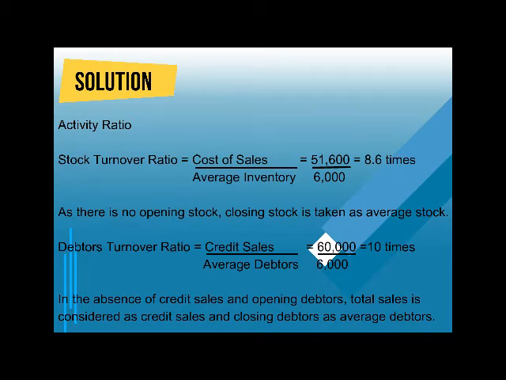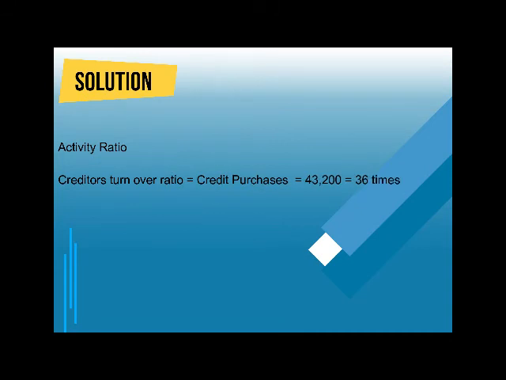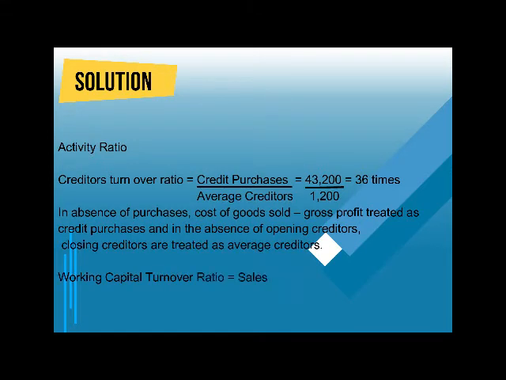In the absence of credit sales and opening debtors, total sales is considered as credit sales and closing debtors as average debtors. Creditors turnover ratio equals credit purchases divided by average creditors, equals 43,200 divided by 1,200, equals 36 times.